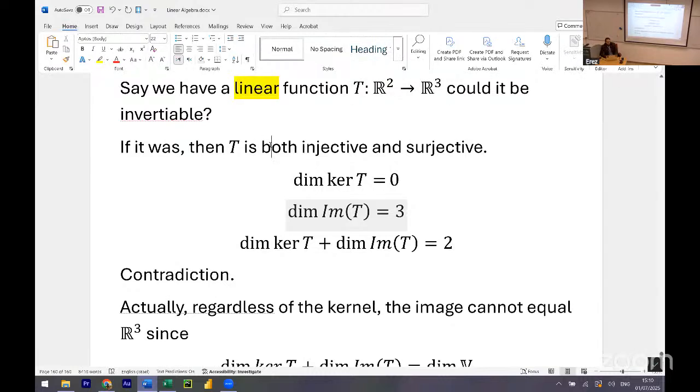It's not a matter of cardinality. If we would have opened it up to any function, then yes, there are invertible functions from here to here, but not linear ones. Linear functions are matrices. They have specific properties that do not allow them to behave freely, let's just say.